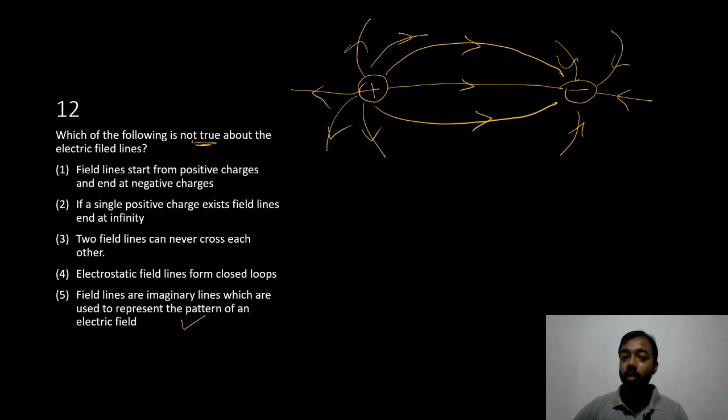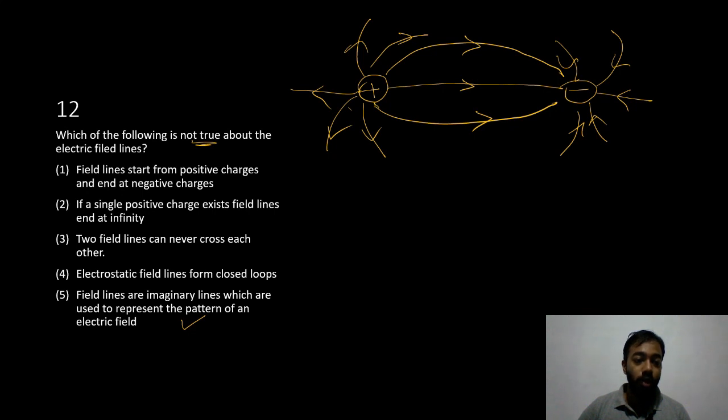This is basically because these field lines are defined as the pathways of unit positive charges. You know, positive charges are repelled by positive charges and attracted by negative charges. So that is why the direction of the field lines is like this.